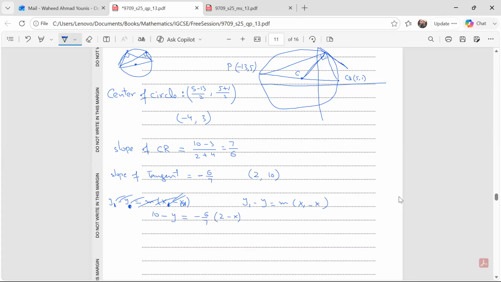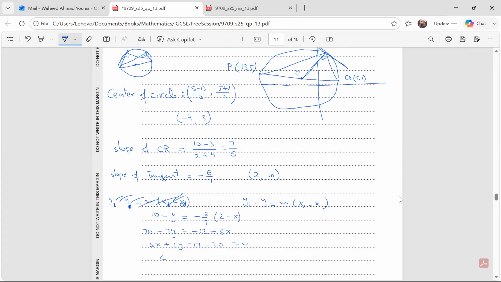So I can simplify this. If I multiply everything by 7, it will be 70 minus 7y equals minus 12, and minus minus plus 6x. If I bring everything on one side, so 6x plus 7y minus 12 and minus 70 equals 0, right?